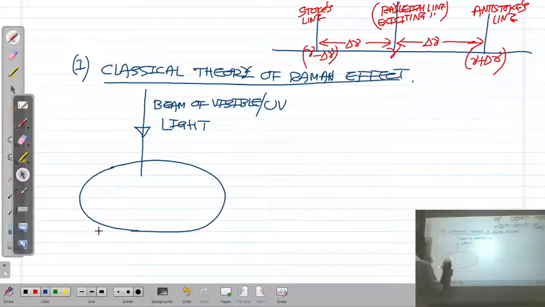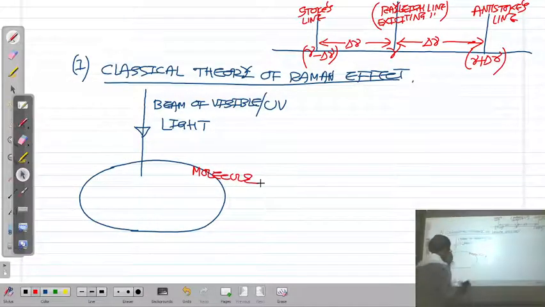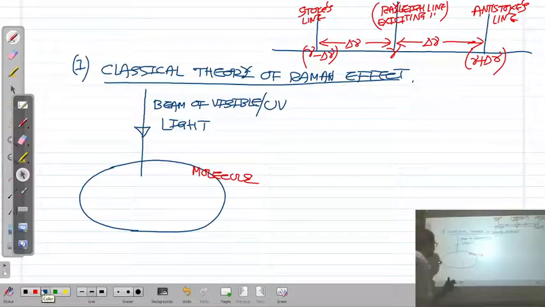Suppose this is the molecule. You know that a molecule has a dipole, a positive charge and a negative charge. So this is a dipole. This is the center of positive charge, the center of negative charge.